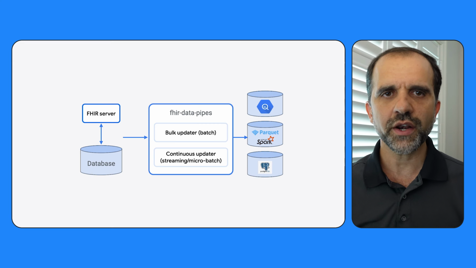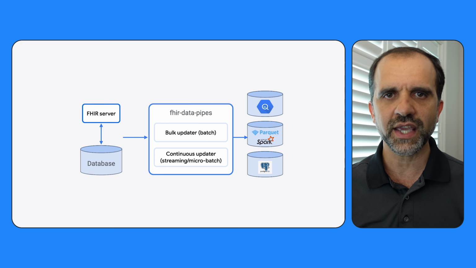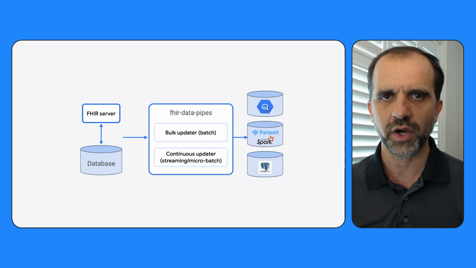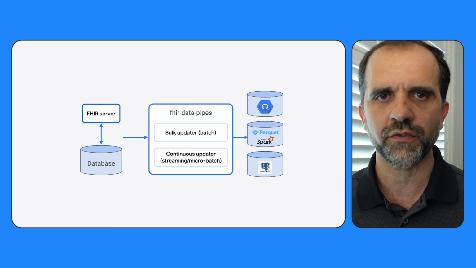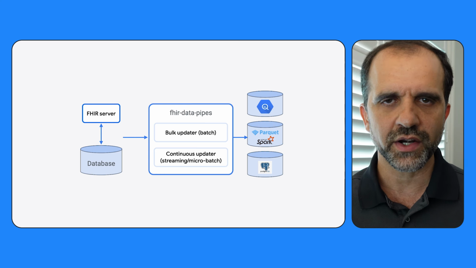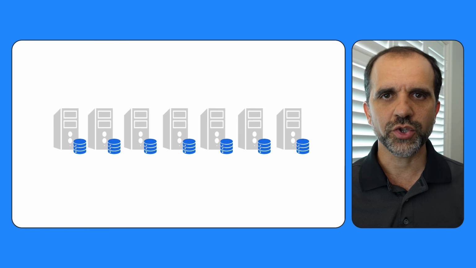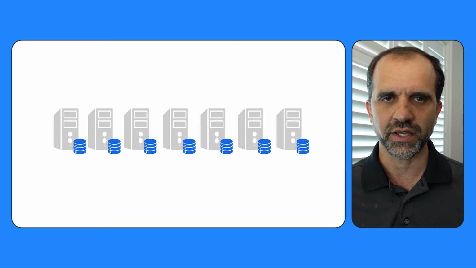In fact, one of the design goals in the FHIR Analytics component of OHS is to make the choice of the data warehouse technology an implementation detail to the extent possible. So the developers have the choice of using a distributed query engine on top of Parquet files, or instead, they can simply use a relational database. More on that later.